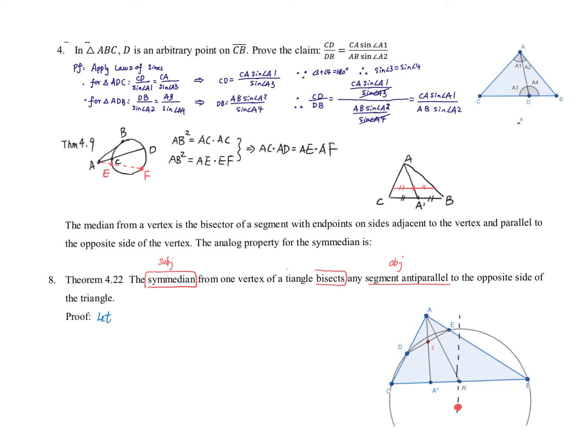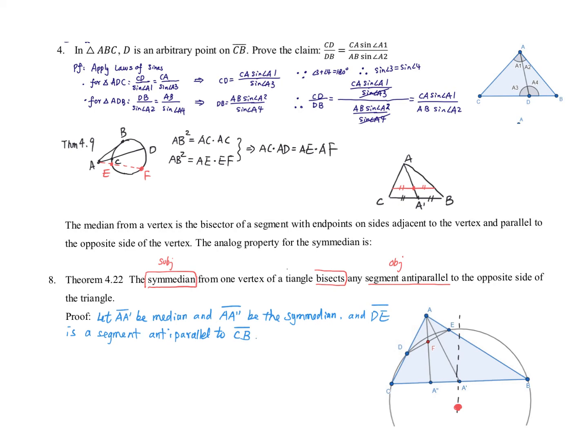Let A' be the median and A'' be the C-median. And segment DE is a segment antiparallel to the opposite side, which is CB.